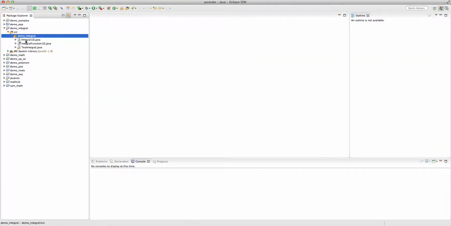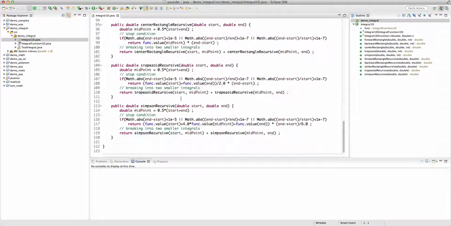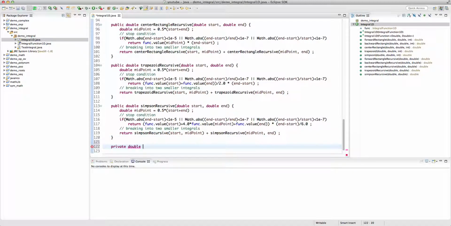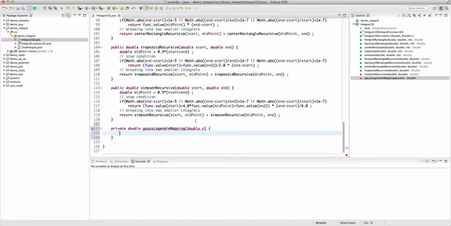So let's go here to the Eclipse, and in the integral 1D, I create a private method, Gauss-Legendre mapping double x. Let's call it interval mapping, with double start, double end, double x.